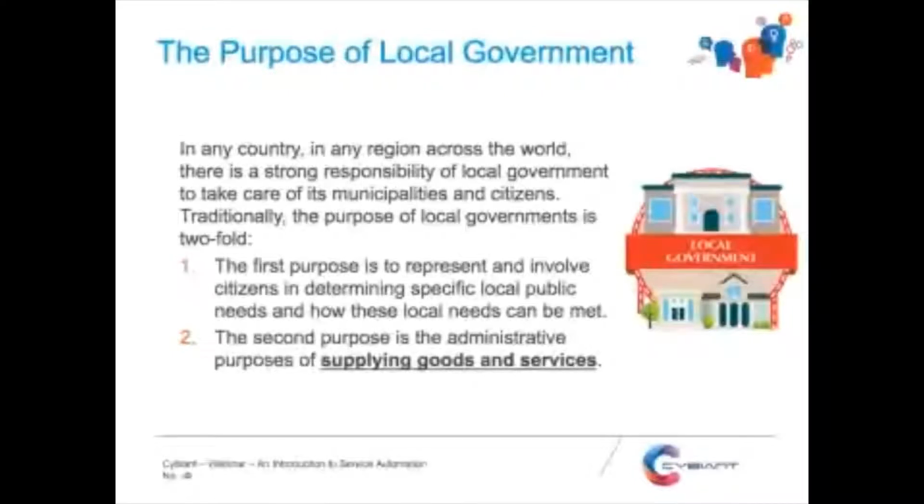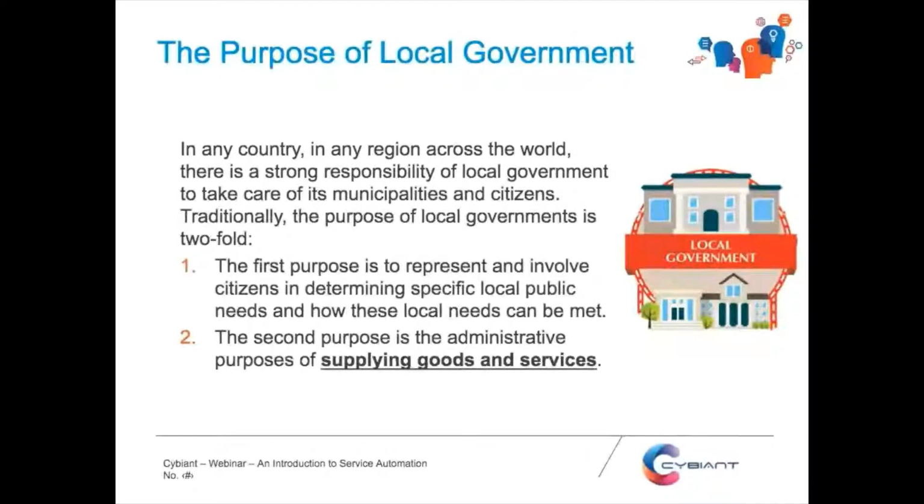Those services, because they are very repetitive, happen all the time, can be automated. And in this case study, we will look a little bit further at what are the needs or the process that local governments can go through in order to start delivering automated services towards the citizens. I've chosen this specific example because I think everybody can easily understand how this works, because we are all in contact with local governments in one way or the other.